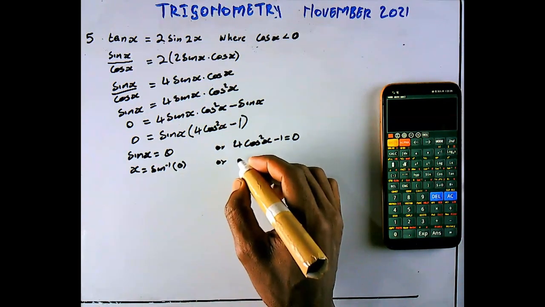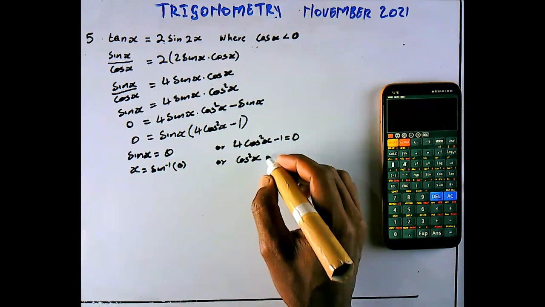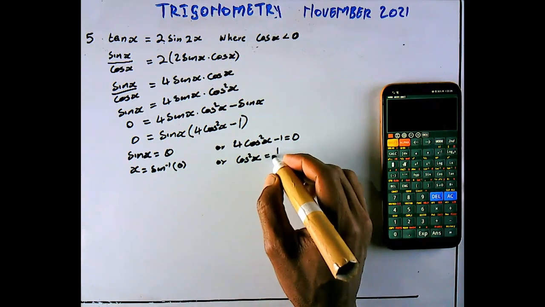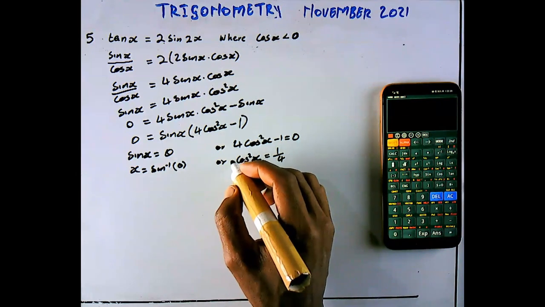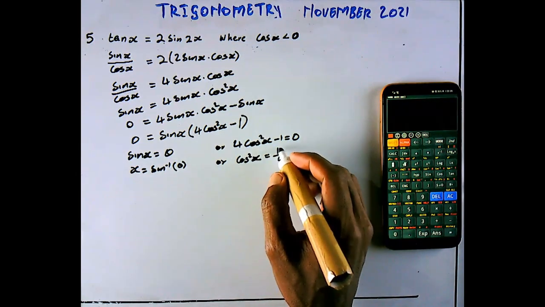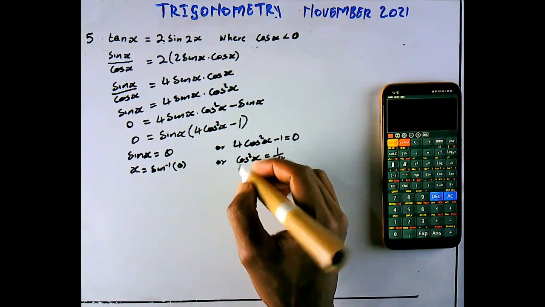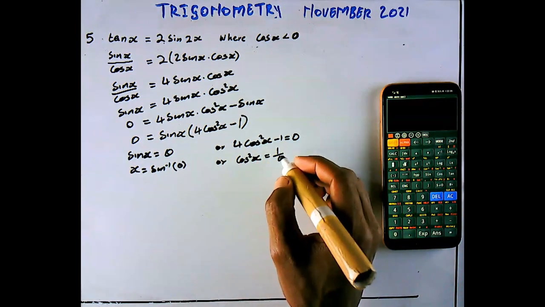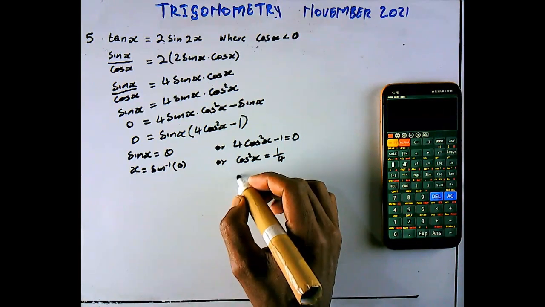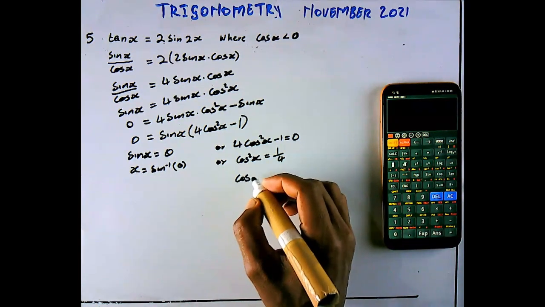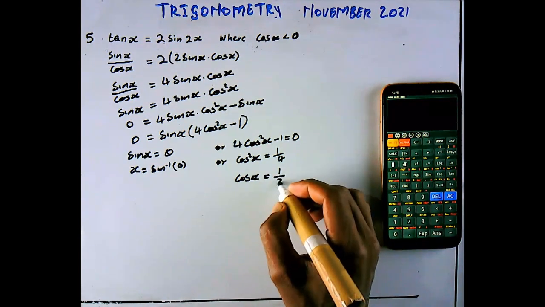So we are going to have cos squared x equals 1 over 4. Then if we put the square root here and here, the square root is going to remove the square. And then the square root of 4 equals 2. So we are going to have cos x equals 1 over 2.